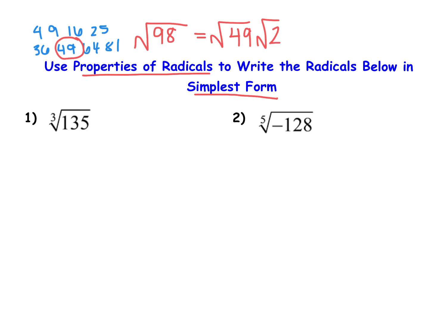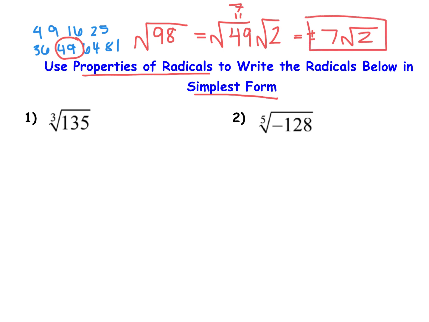The reason I would do this is because 49 is a perfect square, so the square root of 49 would become 7, and I would get plus or minus 7 square roots of 2. So I could rewrite 49 as its perfect square, which was 7, and it would go into its simplest form.